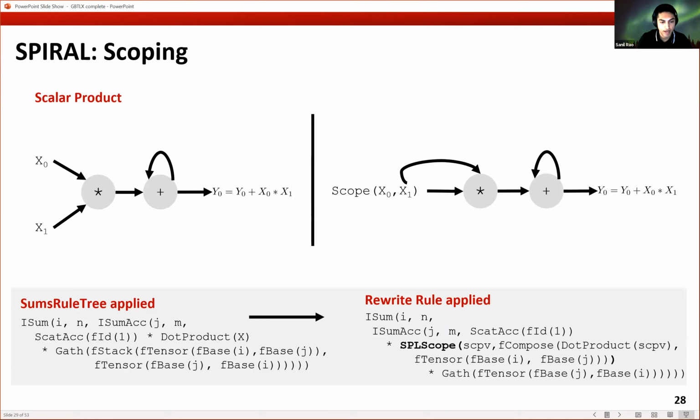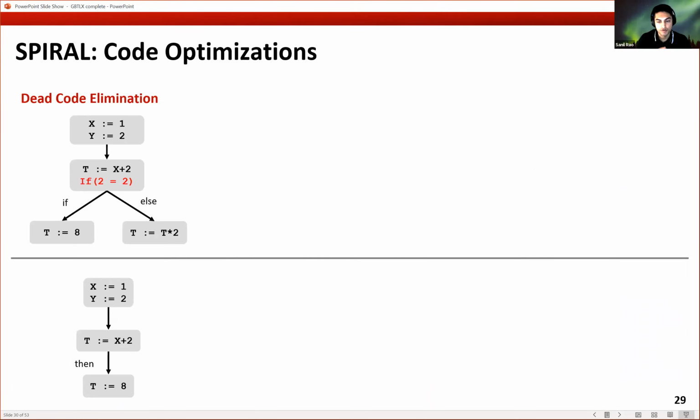So Spiral will understand that we have that property present, and it will attach this scope object with the associated scope variable, SCPV here, in order to alleviate the code generation issue that would occur if it wasn't present. This completed SPL expression then goes through Spiral's basic block compiler, which utilizes its own intermediate representation called iCode.